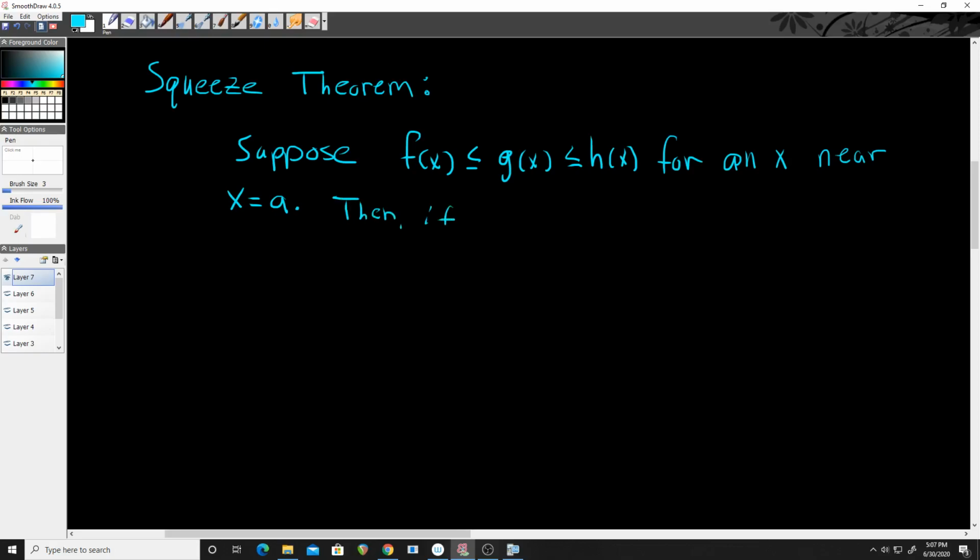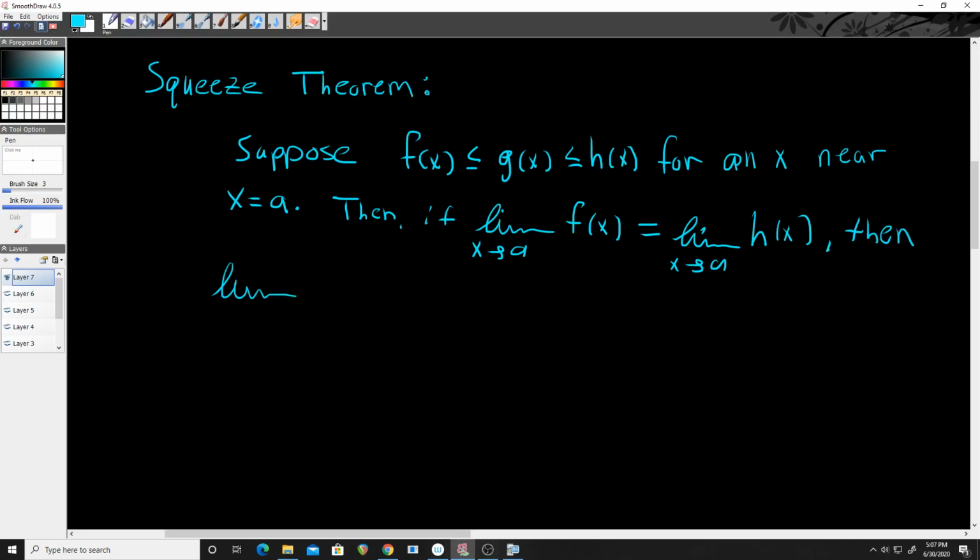if the limit as x approaches a of f is equal to the limit as x approaches a of h, then the limit as x approaches a of g must equal the other two.